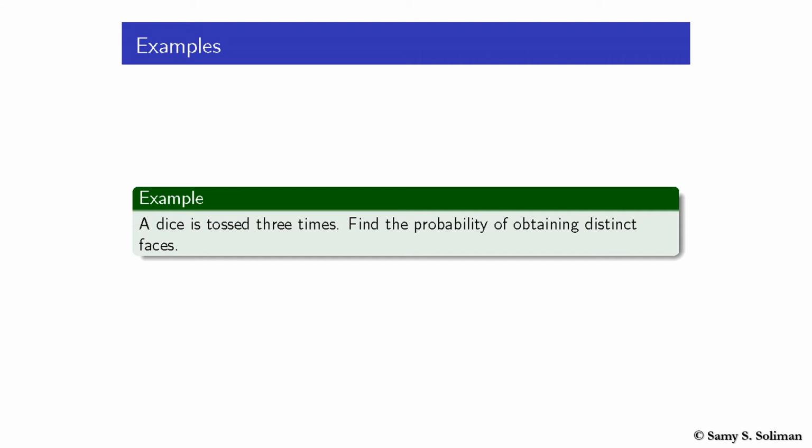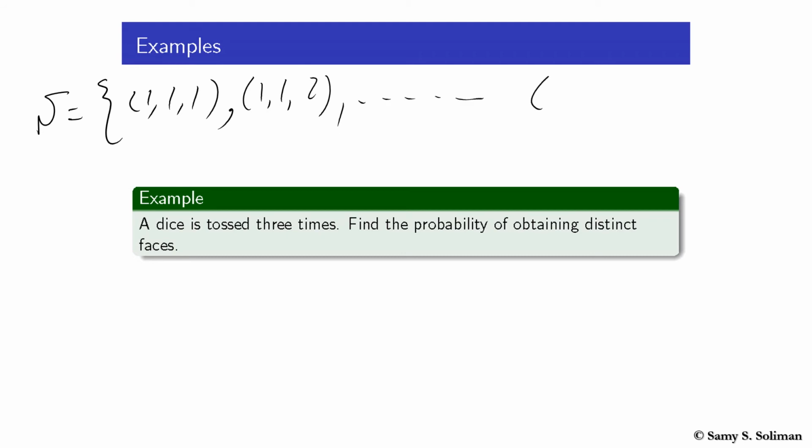So let's first start with calculating the size of the sample space. Let's write first a few possibilities of the sample space: 111, or 112, and so on until 666.